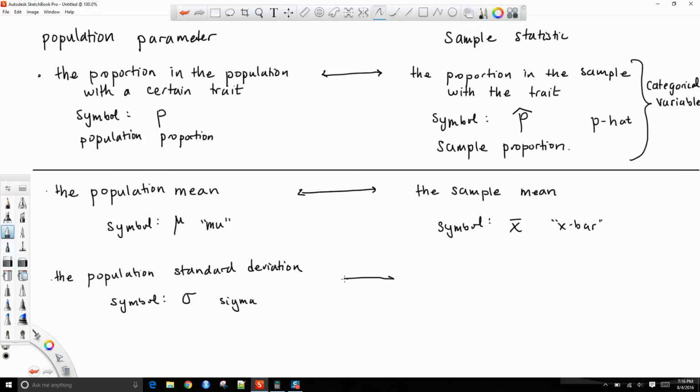And corresponding, we have the sample standard deviation, and the symbol for the sample standard deviation is S. Okay? And these are for numeric variables.